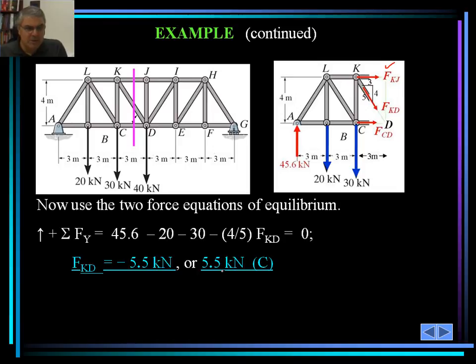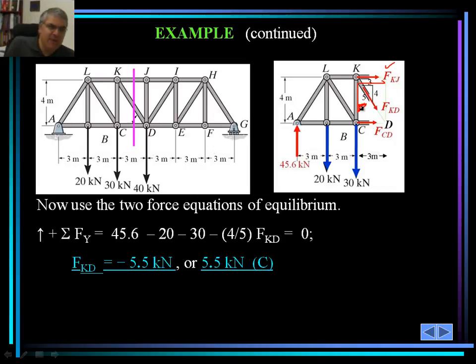Then we're going to take the summation of forces in the y. We set that to 0. 45.6 is the reaction. Minus 20, minus 30, minus 4/5 of F sub kd, because F sub kd has 2 components. One is F sub kd x and F sub kd y. I pretty much provide a solid half of triangle, actually a triangle, as you can see.